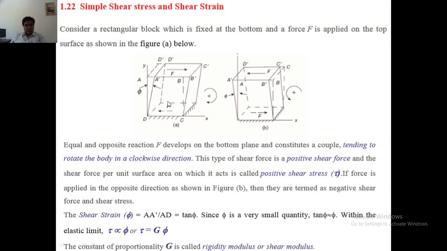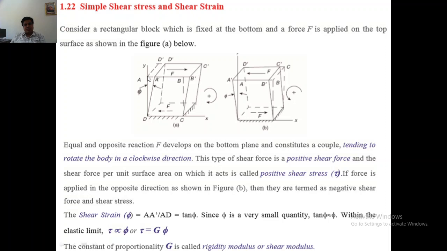Since the object is fixed here at the bottom, what happens is this face, the face AB, CD, is the initial phase. When you apply the shear force, the point A will experience strain, or it will get displaced to point A dash.